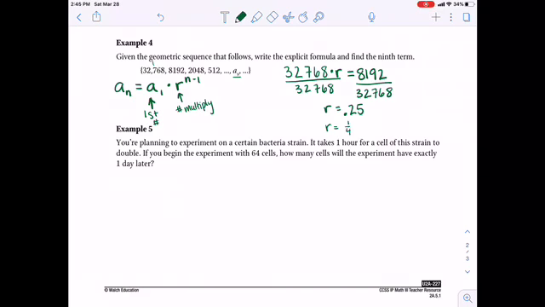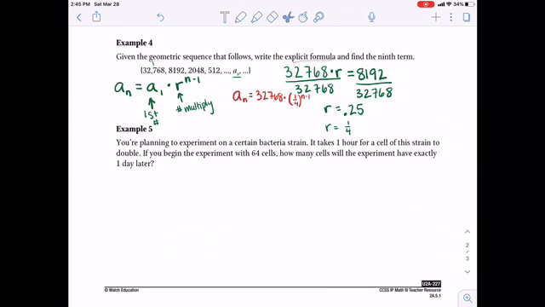You can write it in either form. But once we know that, we're all ready to write out our equation. So our explicit equation is a sub n equals a sub 1, which is that first number, 32,768, times our common ratio, which was 1/4, to the n minus 1 power.